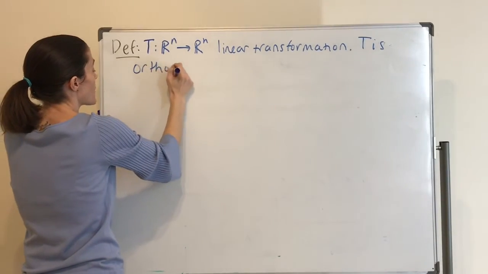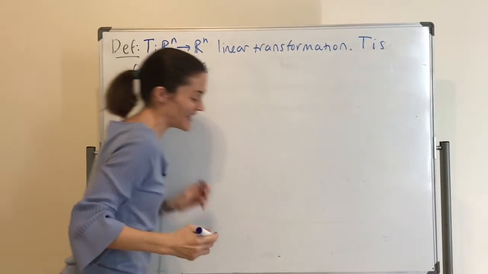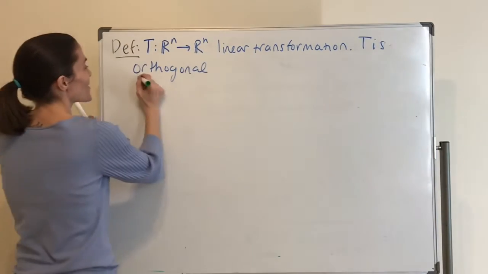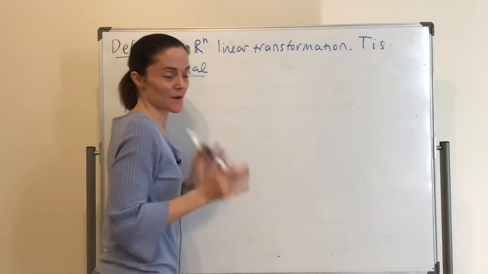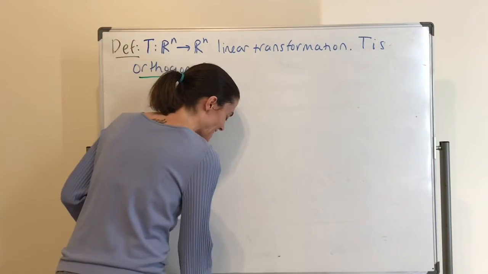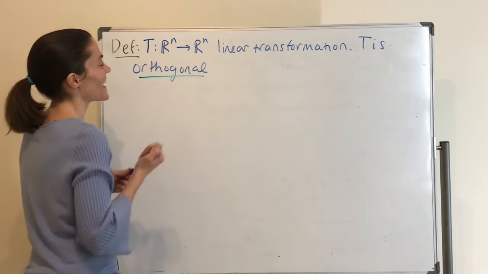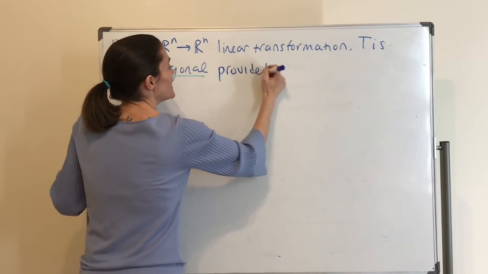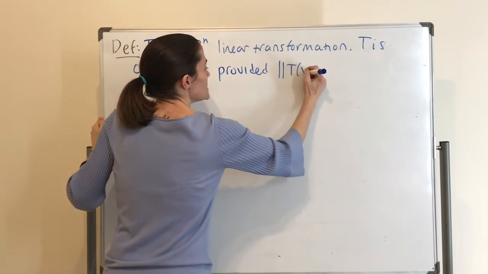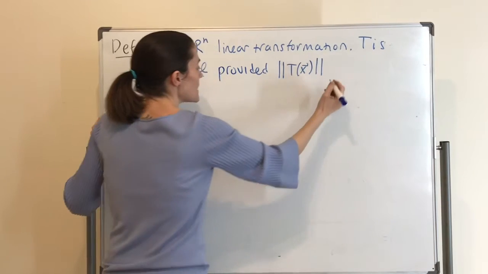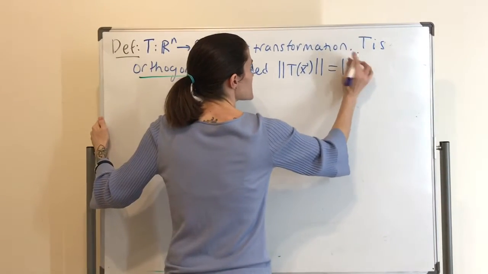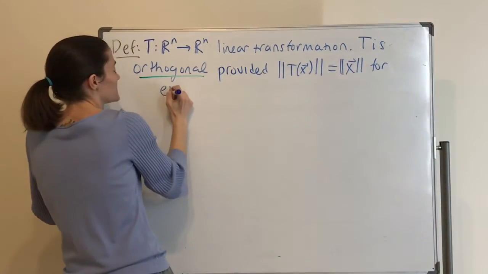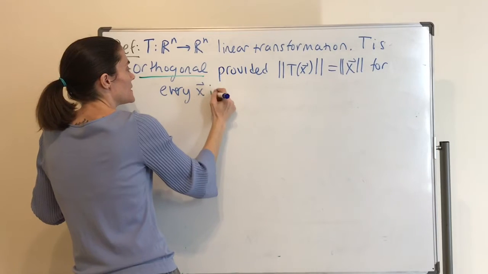So this is now, okay, you should be excited because this is the title of this section, right? It's called orthogonal transformations and matrices. And we've seen some things which I will connect to the orthogonal matrices. But here we go, okay? T is orthogonal provided the length of T of x equals the length of x for every x in Rn.